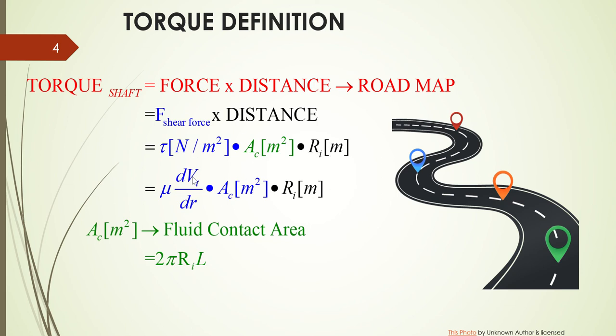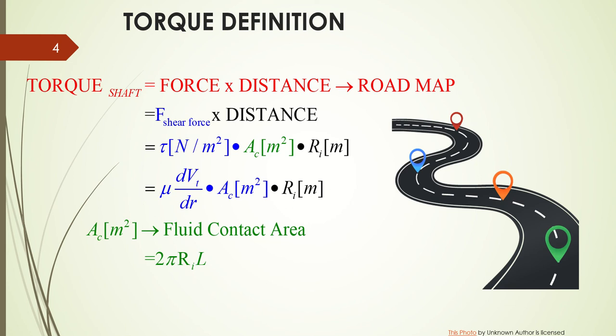And so now we know that from the fundamental definition of shearing stress, it's the product of the fluid viscosity times the shear strain. In this case, it's mu times dV/dr, where V sub t is the tangential velocity at the inner surface.